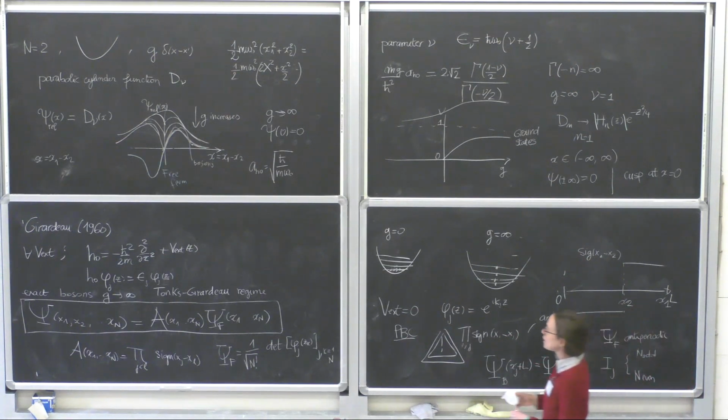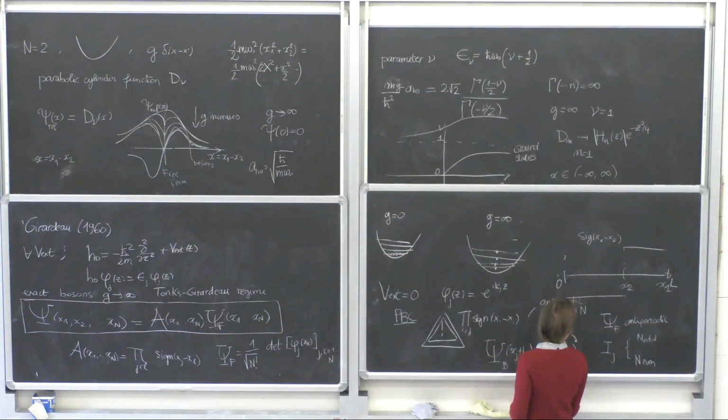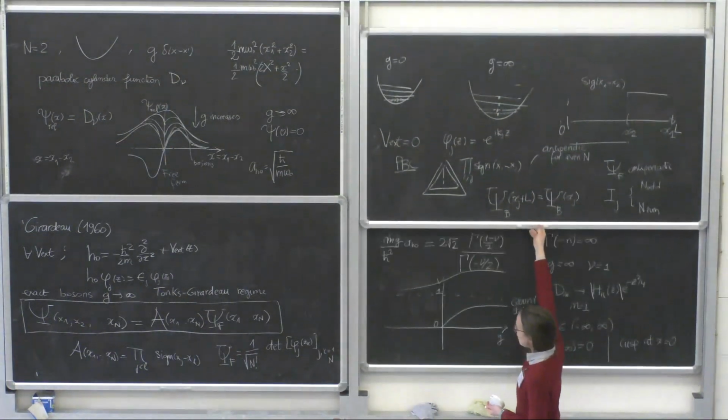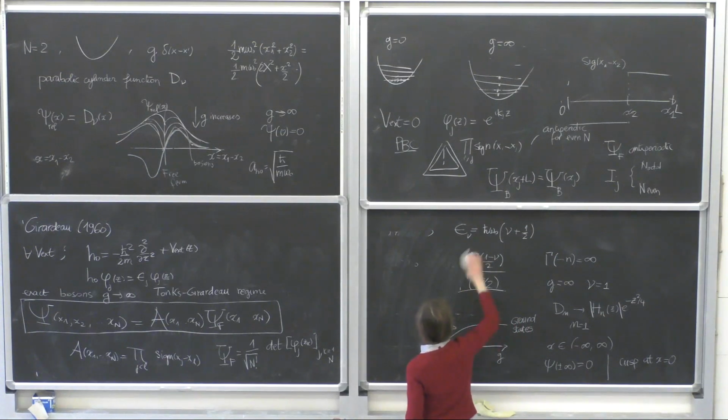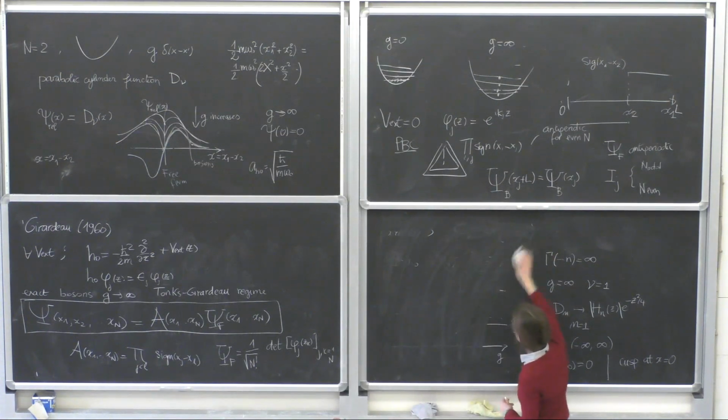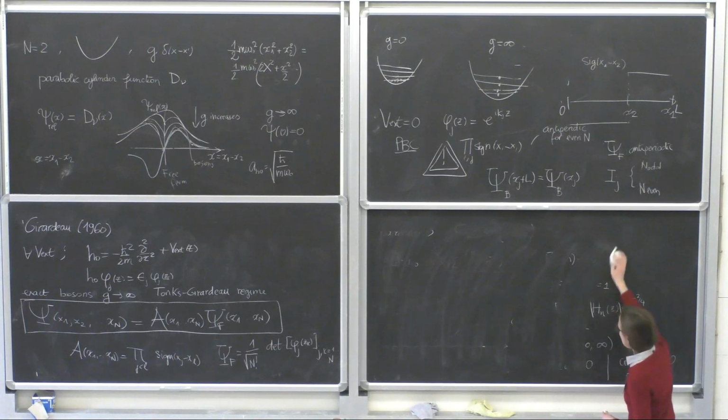Now let us make a second example in the presence of the harmonic trap, so that I write the wave function explicitly, so that you see how it looks.